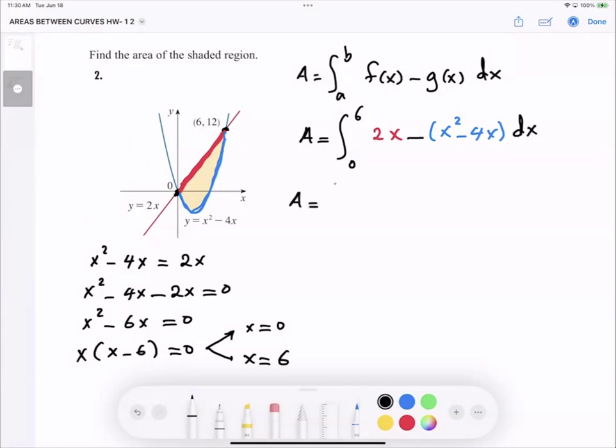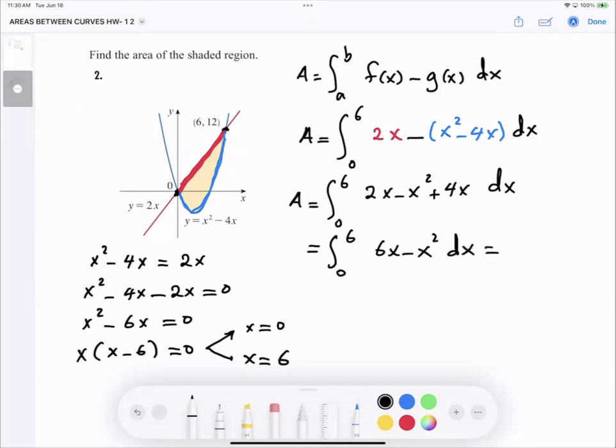So the area is equal to the definite integral from 0 to 6 of 2x minus x squared plus 4x dx, which in turn is equal to the definite integral from 0 to 6 of 6x minus x squared dx, and it's equal to 3x squared minus x cubed divided by 3, where x ranges between 0 and 6.